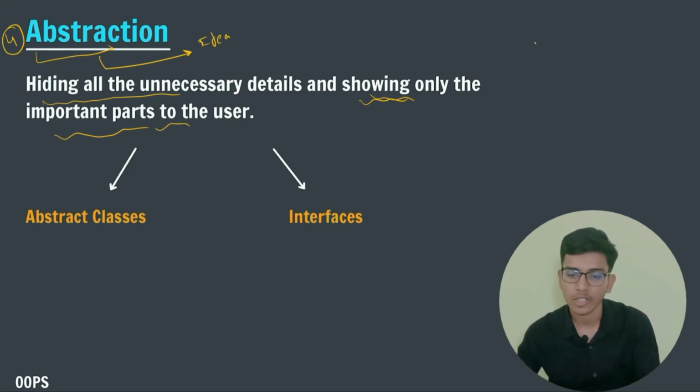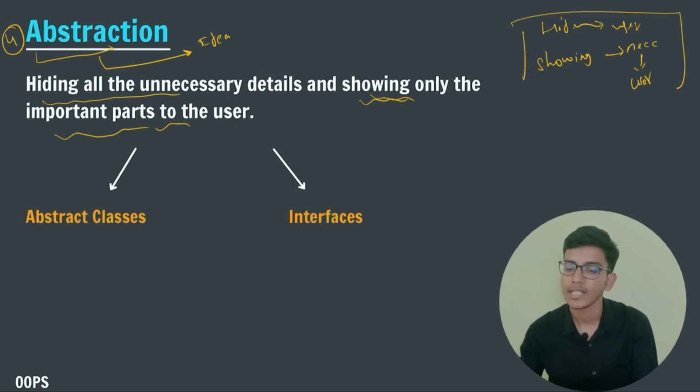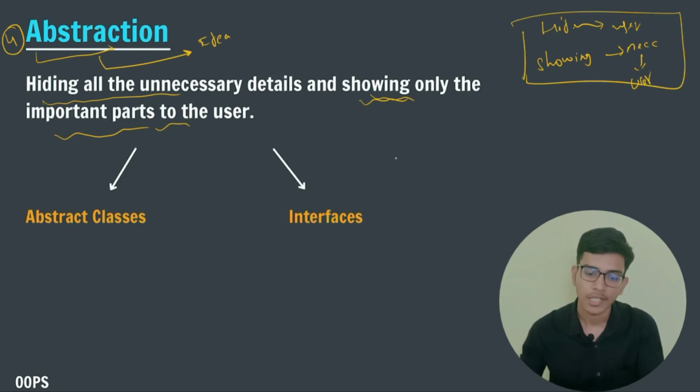So hiding what is unnecessary and showing what is necessary is known as abstraction. Abstraction is just the idea of a particular thing, but not its implementation.